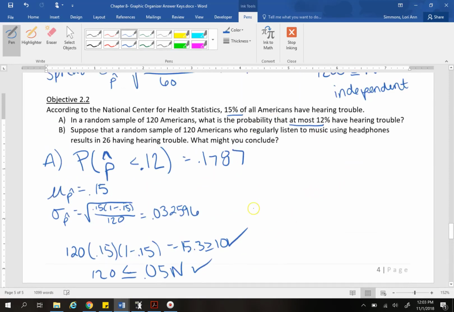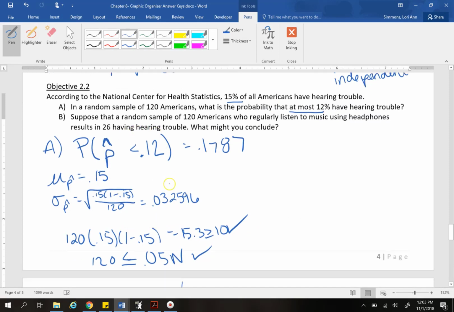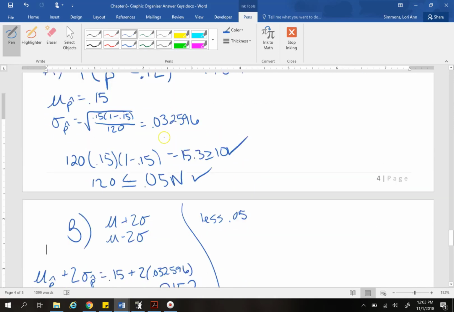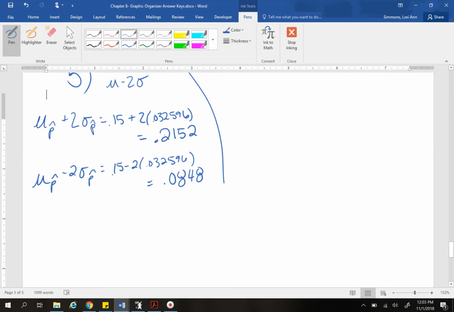So now we want to know, we have sampled 120, results in 26 having hearing problems. So below we were working in proportions. Do we have a proportion yet? We do not. So let's make that into a proportion. So 26 out of 120, that's 0.217.